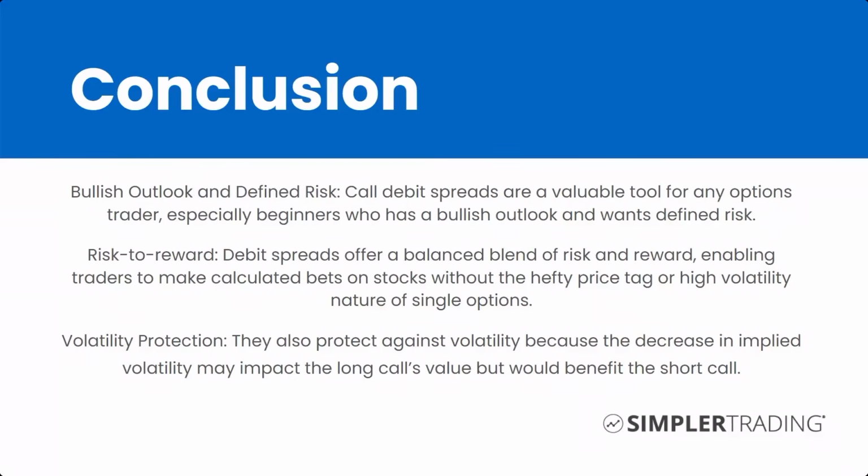Call debit spreads are a valuable tool for any options trader, especially beginners who have a bullish outlook and want to define risk. I like the risk to reward. Debit spreads offer a balanced blend of risk and reward, enabling traders to make calculated bets on stocks without the hefty price tag or high volatility nature of single options.